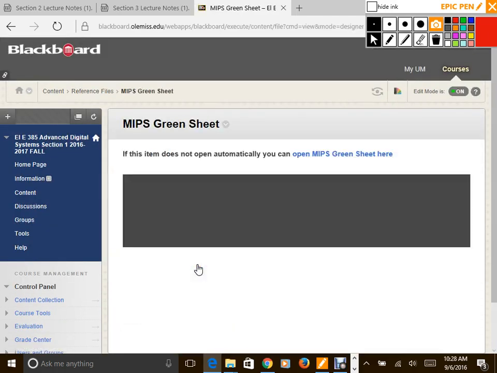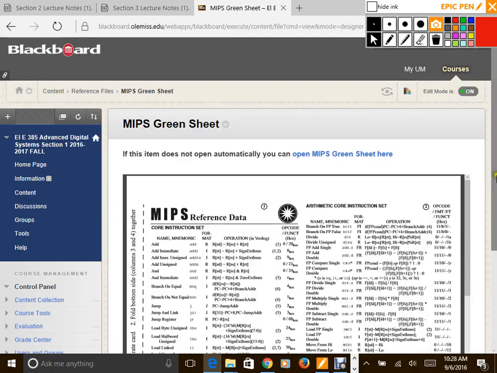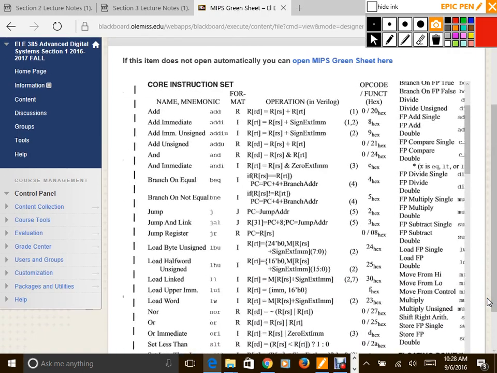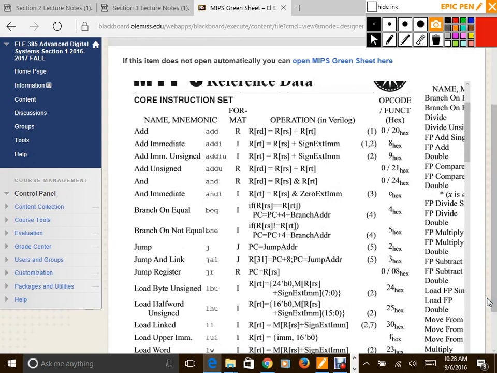So here's your MIPS. I've included the MIPS green sheet, so you can see all of these different instructions. Here we have add. I've included add immediate, and I brought this up specifically because I want to show the difference between an R-type and an I-type in here.